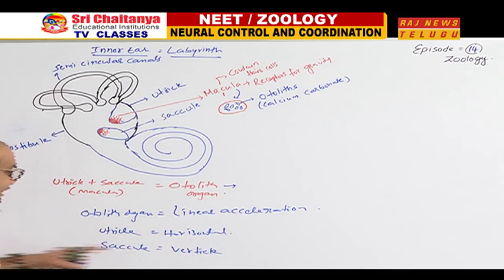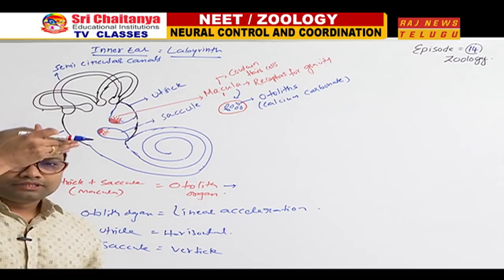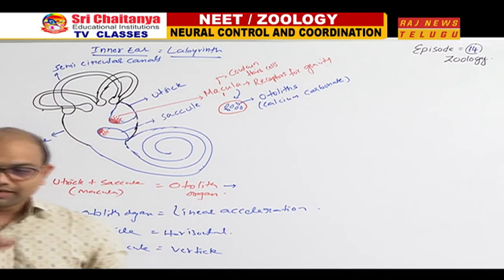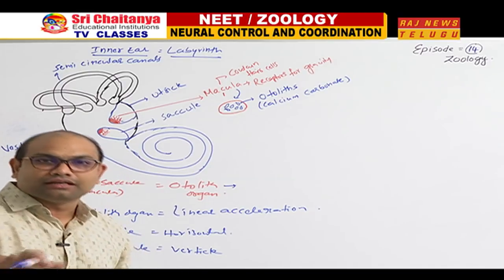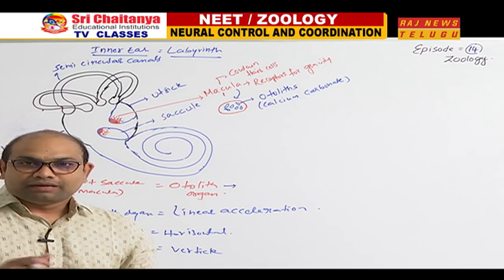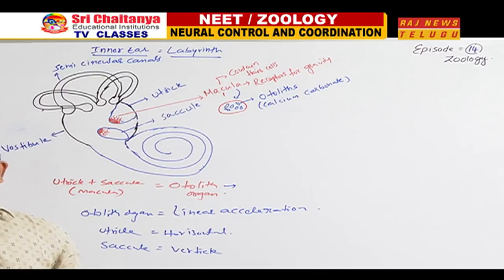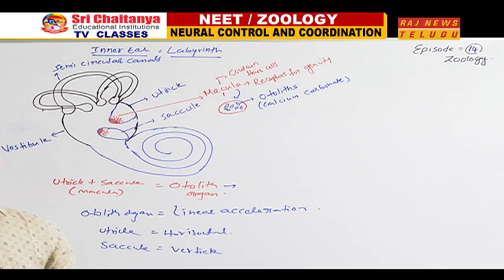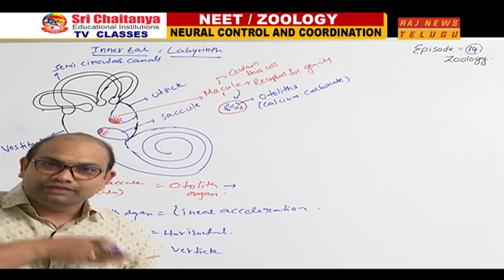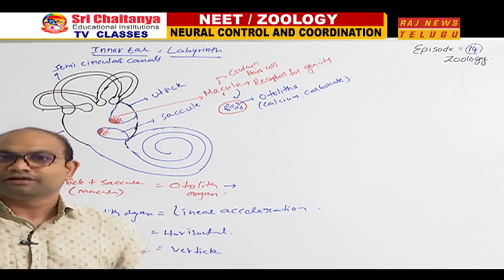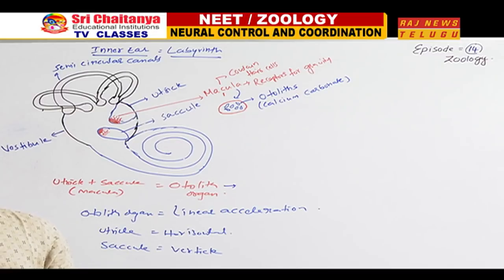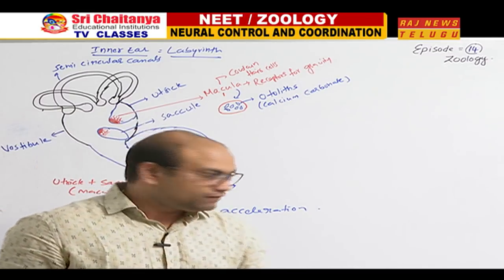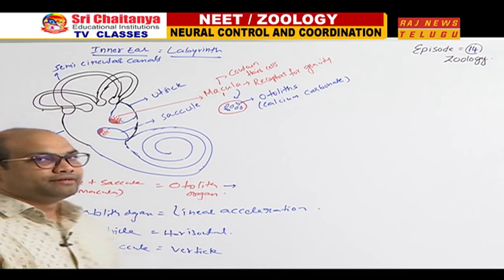So, while we are moving in a lift, the balance of the body in relation to the head is maintained by saccule. While we are moving in a car, that is horizontal. The balance of our body in relation to the position of our head is maintained by utricle. Both moving in a lift and moving in a car come under linear acceleration. So, total linear acceleration is the function of otolith organ.